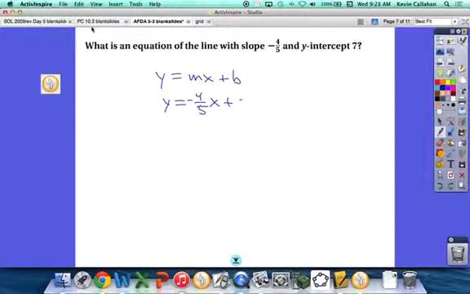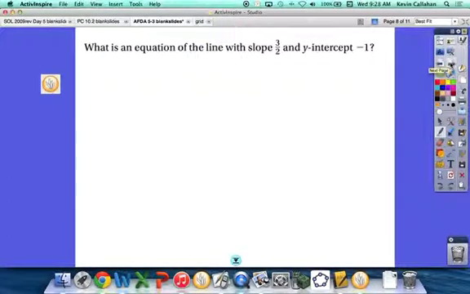How about this one? Three halves x minus 1. Right? And so that's the second kind of problem in the homework.